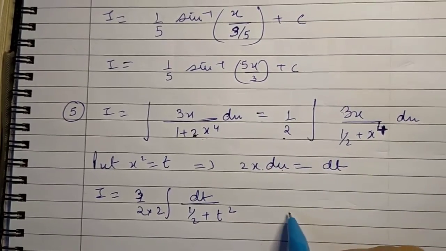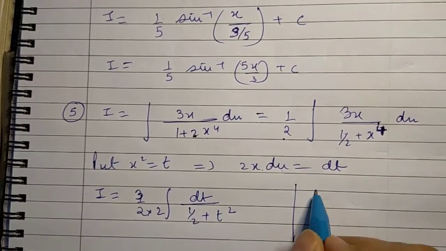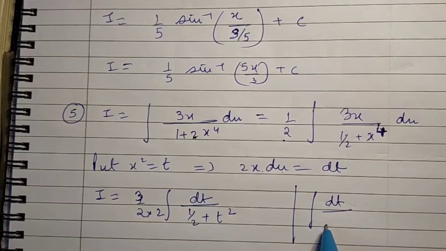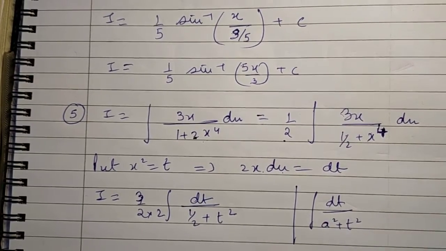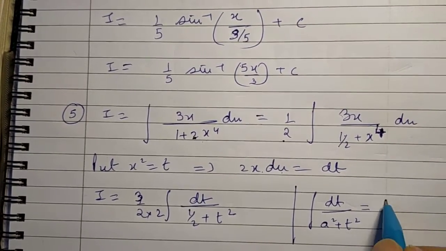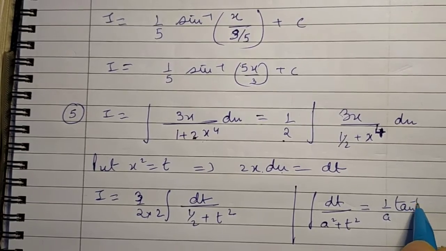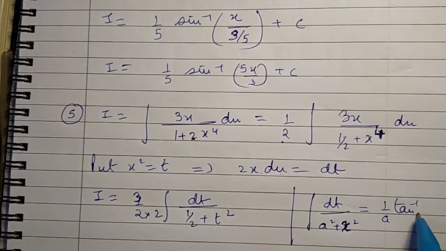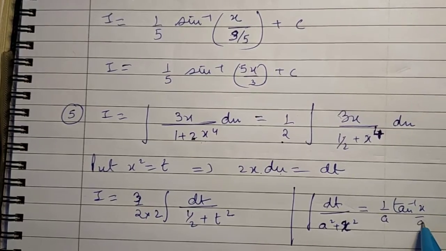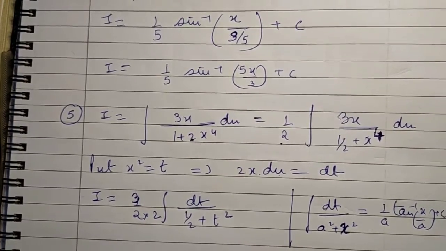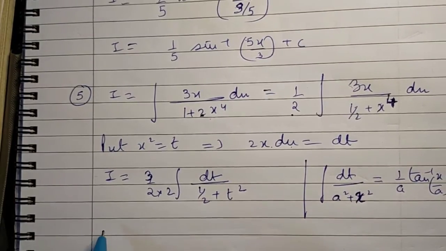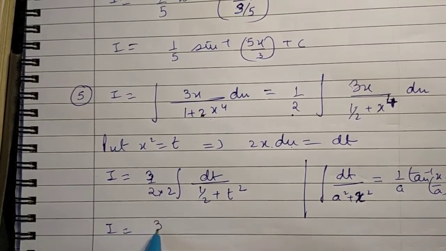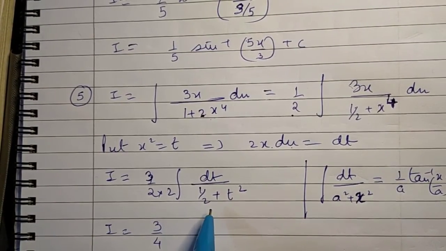Now this is in the form integral of 1 upon a squared plus t squared, whose result we know is 1 upon a tan inverse t upon a plus a constant. So substituting and solving we get 3 upon 4.